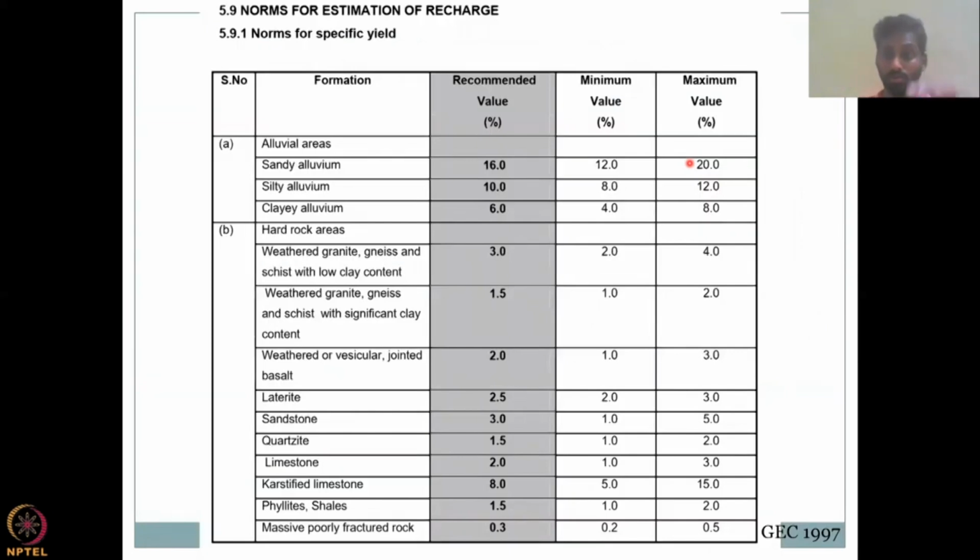You already have the water level difference between the pre and the post monsoon. The pre is summer, and after the summer, the monsoon comes. If you take the reading between the pre and the post monsoon, then you can know how much the water level has changed. So whatever you calculate is the recharge for 3 months, because the time between the pre-monsoon and post-monsoon is 3 months. So this is how you would use the GEC estimation method with the groundwater data and a specific yield to estimate groundwater recharge.